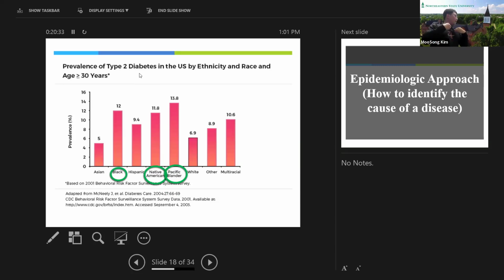Using this data, if you are Black or Native American, you should be more cautious about getting type 2 diabetes and work on preventive activities. These epidemiological data give us many useful information about the trend and pattern of disease.